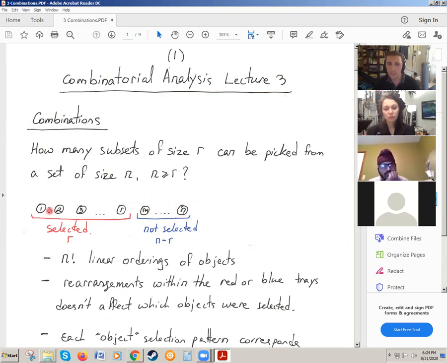So for each particular pattern, if I rearrange the individuals on the red tray without moving them outside of it, there are R factorial rearrangements, multiplied by independently rearranging the guys in the blue tray, which is N minus R factorial. In my example, 3 factorial for the red tray and 7 factorial for the other tray.